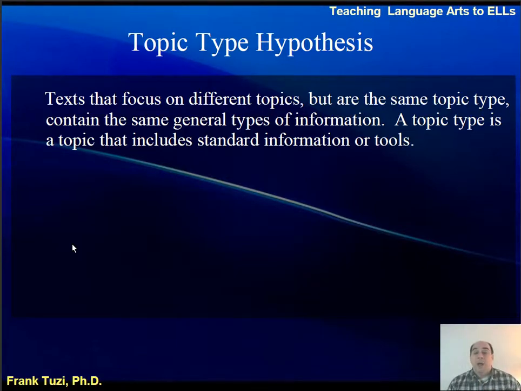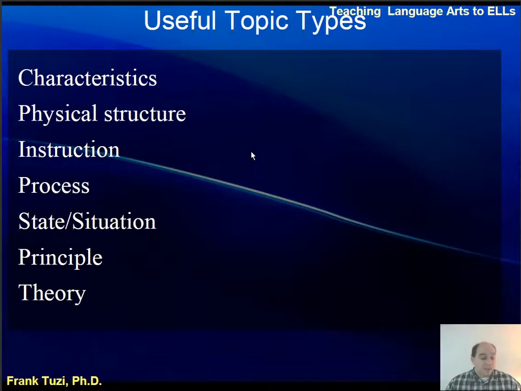Okay. So a topic type is a topic that includes standard information. It's an important word, standard information. Not everything is going to be standard that you read and or write. So this type of system, this topic types, is only going to be useful if the material you're doing is a standard format. Things that aren't standard format, it's going to be less useful to them.